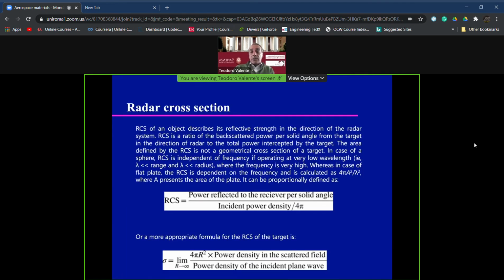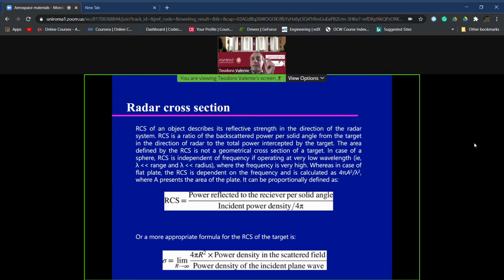Radar cross-section. Let's go a little bit inside this concept, which is very important, to a definition level which is suitable for your interest. So we said that the radar cross-section of an object is going to describe the capacity, I call here the reflective strength, in the direction of the radar system.